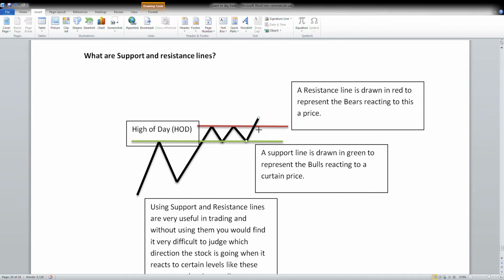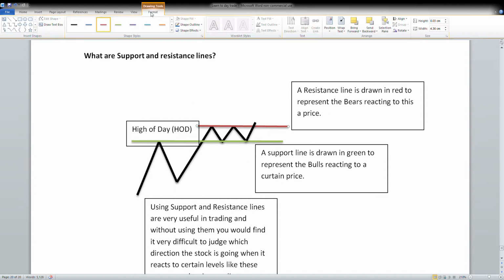So say if the stock was here, we wouldn't buy in yet. We would wait until this level of resistance is broke, so this would turn into a green support line and it would do something along the lines of what I'm about to show you now.